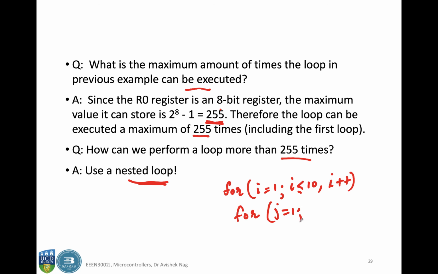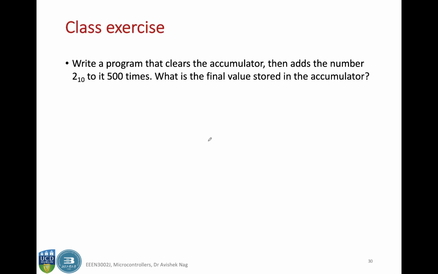This is an example of a nested loop. You do something with i and j inside this loop, and then end this loop and end the other. Similarly, you can use nested loops in assembly language.